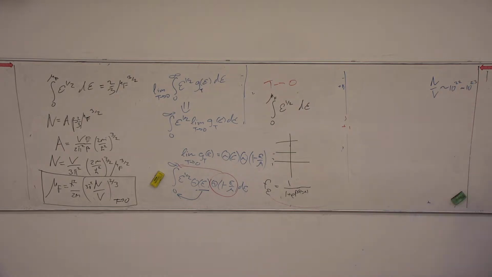Okay, so this is the density of electrons inside a regular metal. We're assuming that we have 1 electron per ion, and the distance between the ions is of the order of 5 angstrom, something like that. So this is the number that you get.